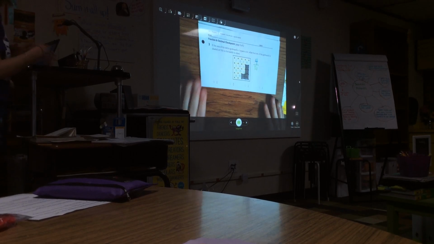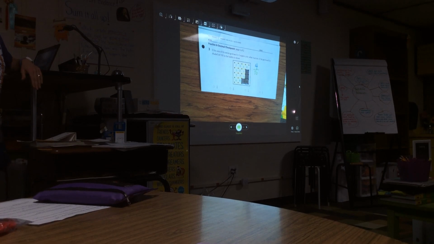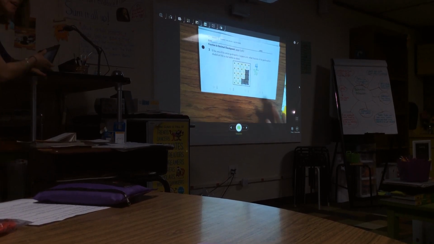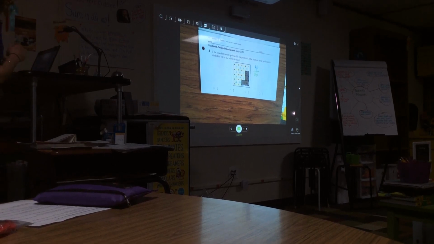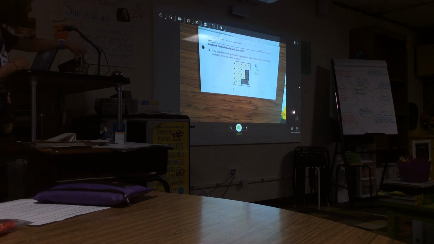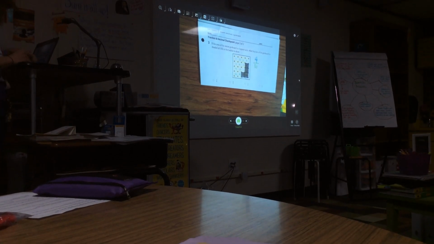Okay. But I remember having a number corner where we had shapes like this. And we were able to visualize us moving shapes around. So I think, I'm going to switch my color again, that I can move my shapes around.